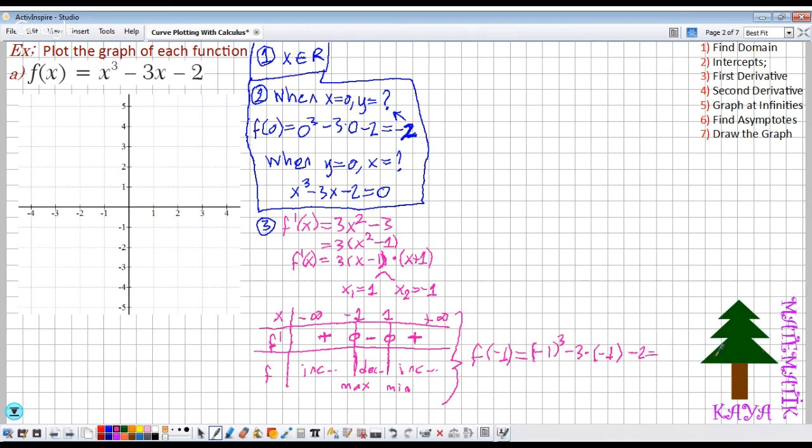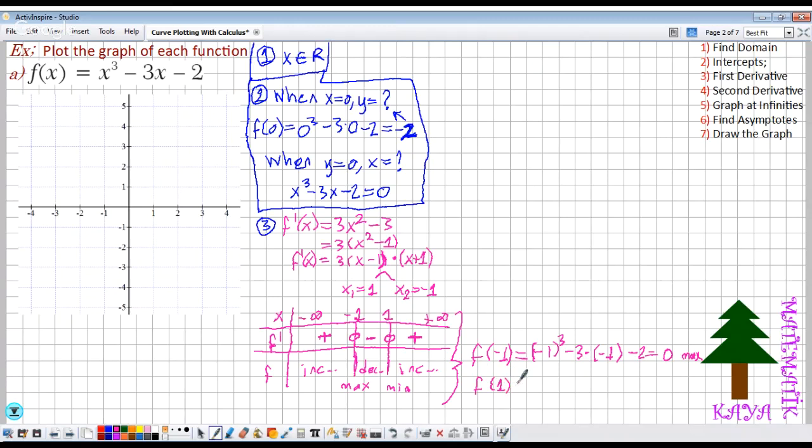Minus 1 cubed is minus 1, minus 3 times minus 1 is plus 3, and minus 2. Minus 1 and minus 2 makes minus 3, plus 3 is equal to 0. This is a maximum value, which we call a local maximum or relative maximum.